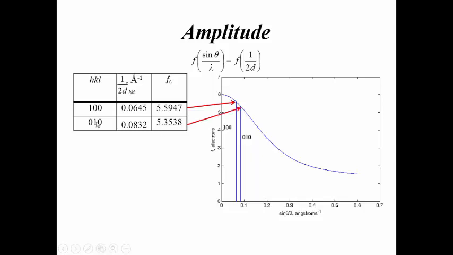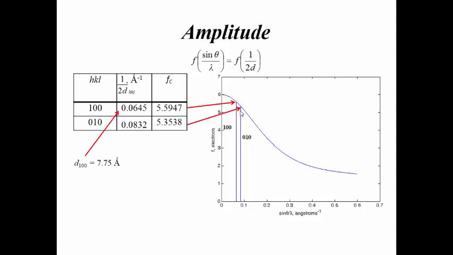Likewise, you could do it for the 010. Each one will be a little bit different, and in this case 1 over 2d is 0.08, so that's a little further to the right. When that's further to the right, it's going to have a little bit lower scattering factor. So there's the 5.35.